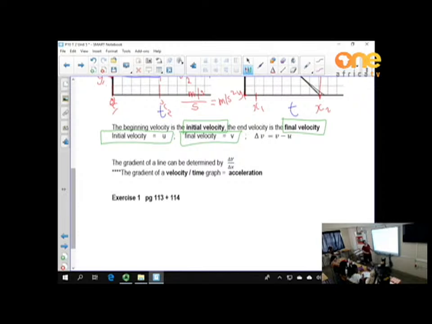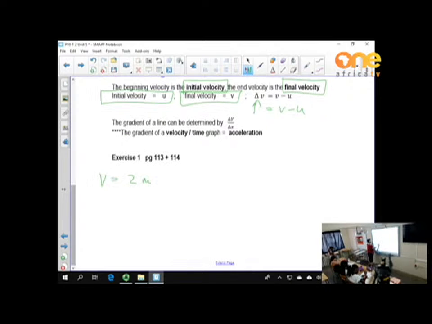So the change in velocity, remember the triangle means change, is final velocity minus initial velocity. If my final velocity is 2 meters per second and my initial is 10 meters per second, what is my change in velocity? It is final minus initial. It is v minus u, so it is 2 minus 10, it would be minus 8.